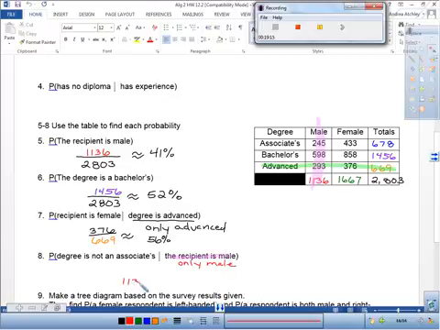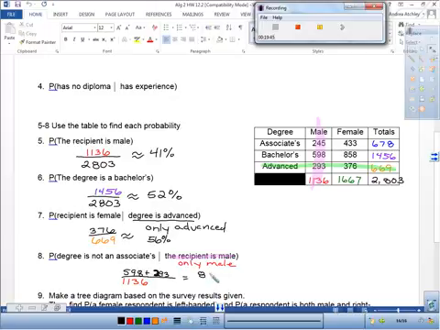So that's 1136 over not an associate. So that means it could be an advanced, sorry, that was a bachelor's, is 598, or an advanced degree, which is 293.